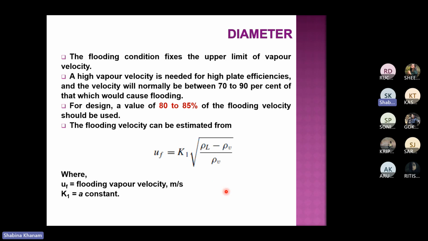So for diameter, all calculations will be considered based on location. All calculation means which we are conducting for diameter. Otherwise, it should not depend on the location, that we will see. So flooding velocity UF will be calculated for top and bottom both.